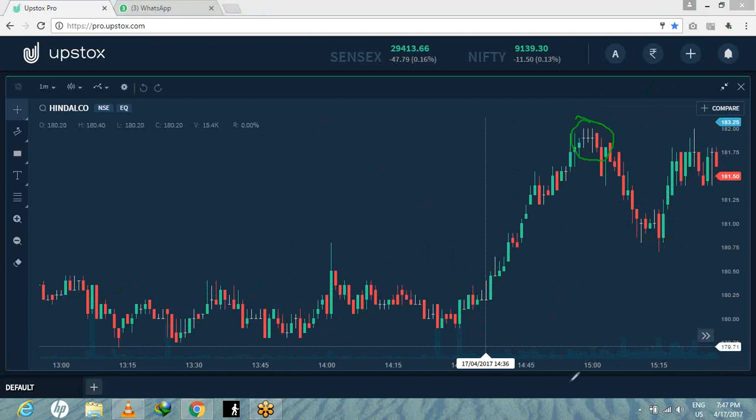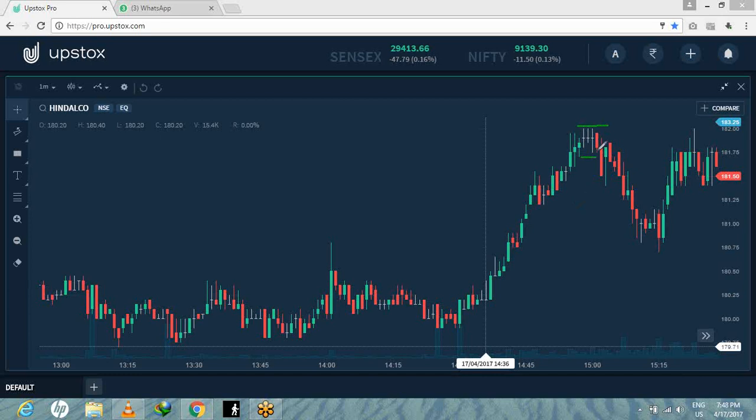So that's what I told you, if you are not very confident in putting the trades, for example, if you are not an expert in analyzing that level of indicators, in that case what you should do is put one buy order here just 10 or 20 paisa above, put one sell order here just 10 or 20 paisa below the low, and wait.